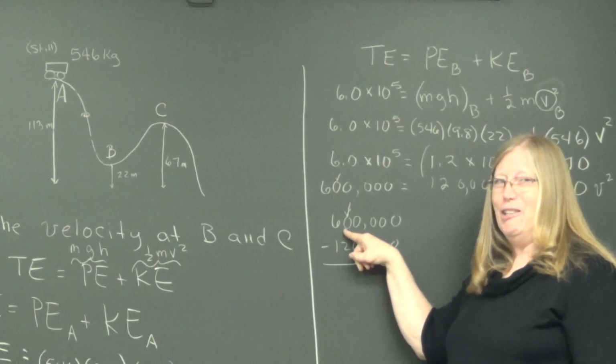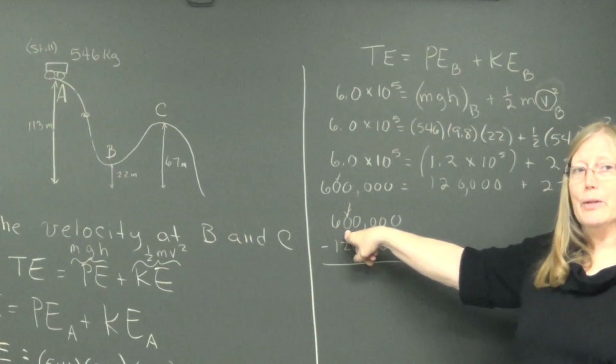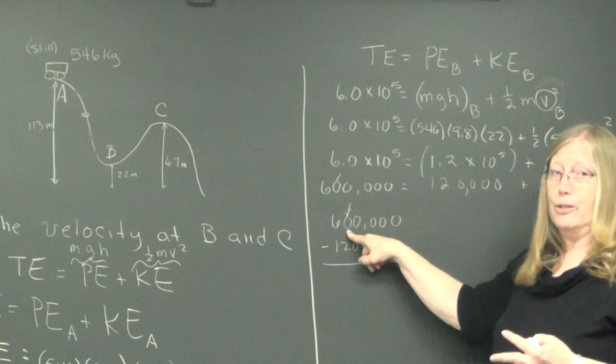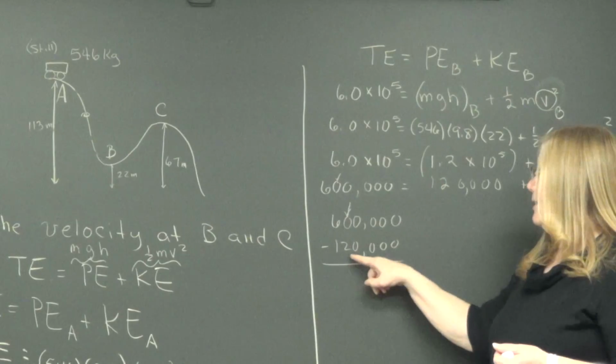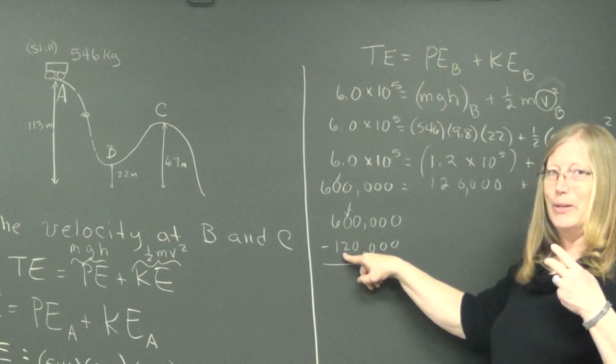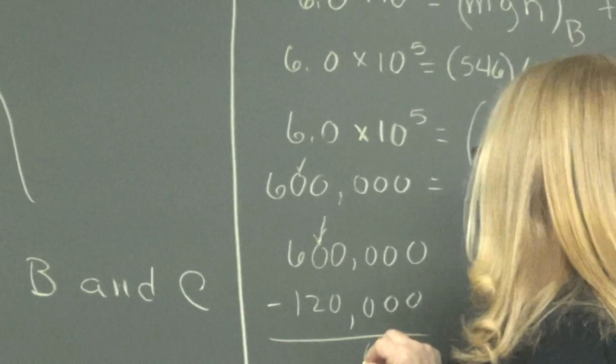So remember, that's how you do it with adding and subtraction. You look at the column that the number was rounded to. So this was rounded to the 10,000ths column. This was rounded to the 10,000ths column. So when we subtract, what do we get?